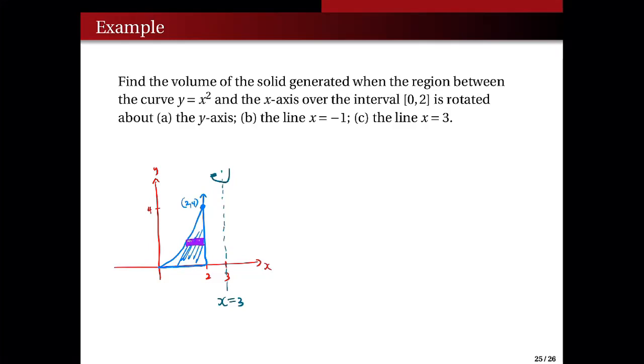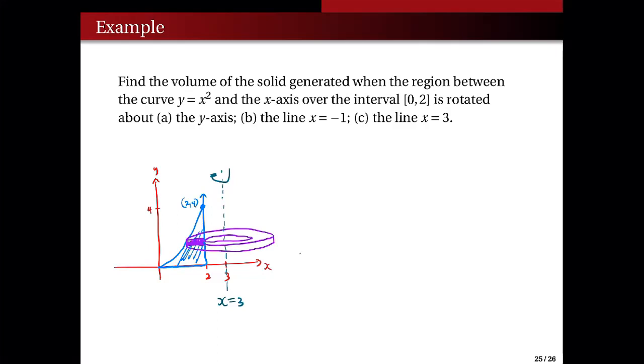Now, if we revolve, the washers will be something like this. So you still have this hole in here. Now, what is the bigger radius and the smaller radius?